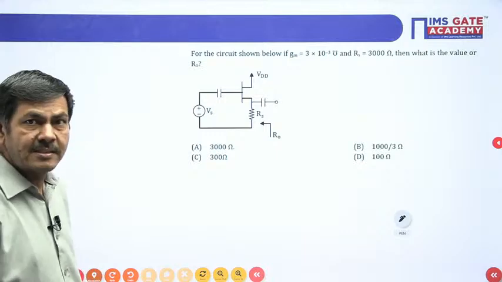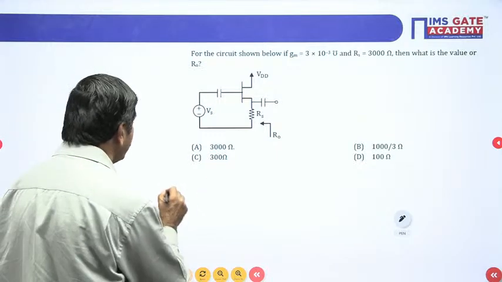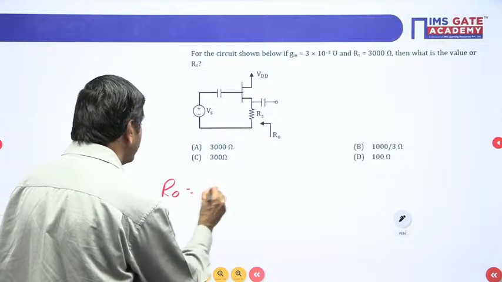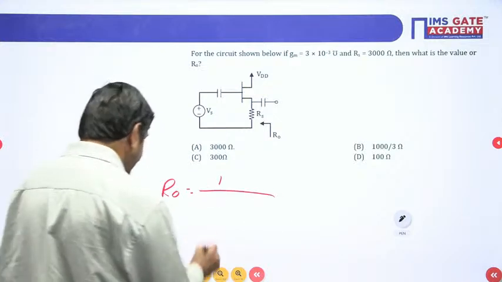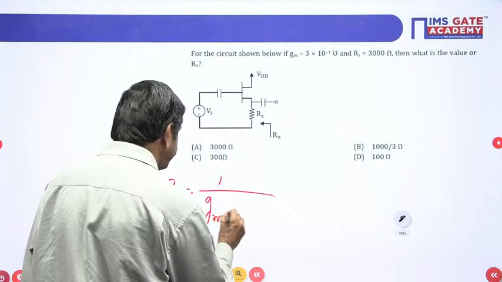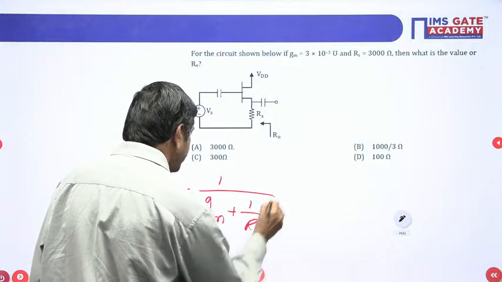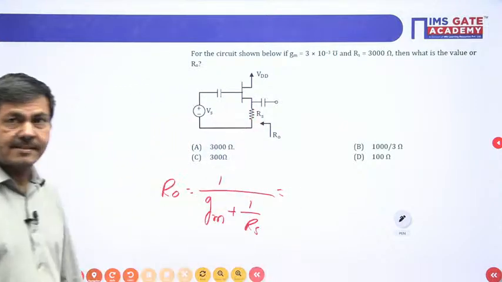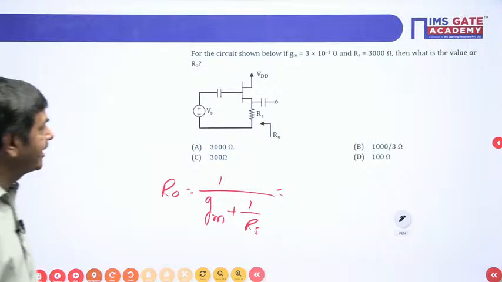B is also not correct. Generally, R naught is calculated by 1 by gm in parallel with 1 by RS, by using small signal analysis.